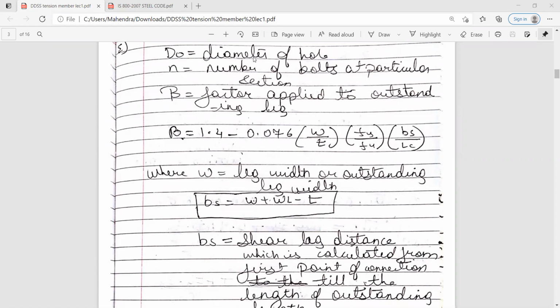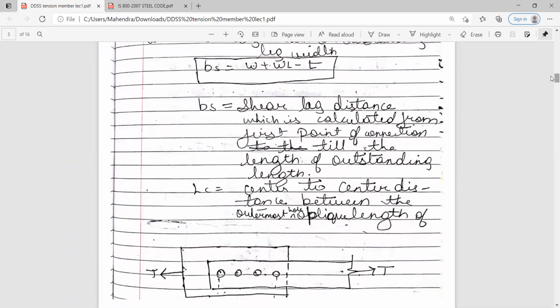Just note down the formula to calculate Bs, that is the shear lag distance.